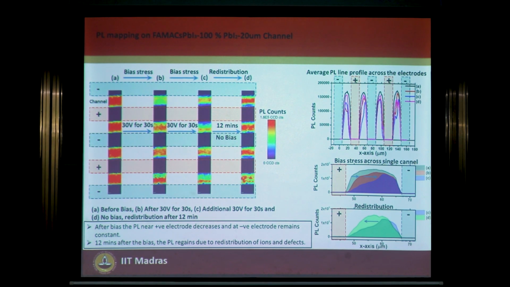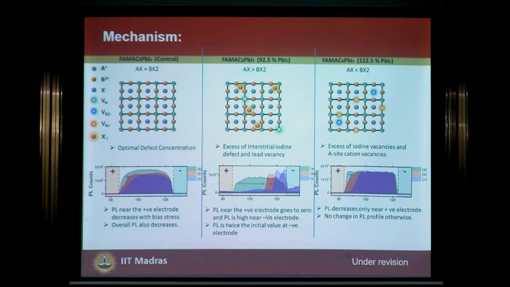These are just for 30 seconds of bias, but if you leave the same system in the dark, these ions redistribute back and you get back your PL. We might have to wait more than 1 hour to get back the same PL, but in the order of 12 minutes it can get back to its original PL position.